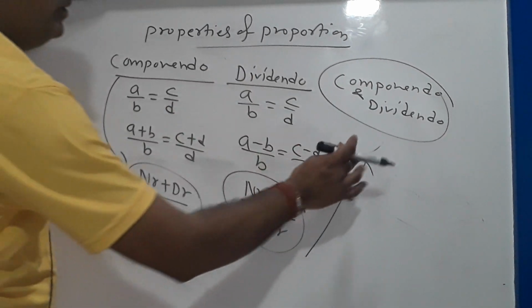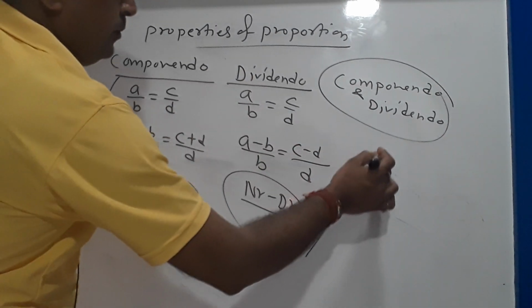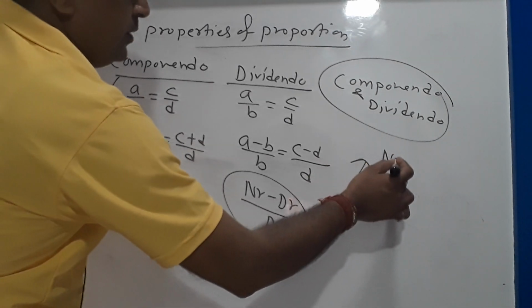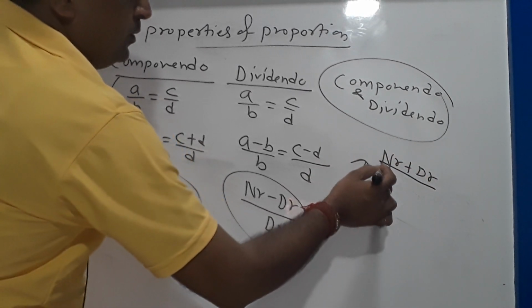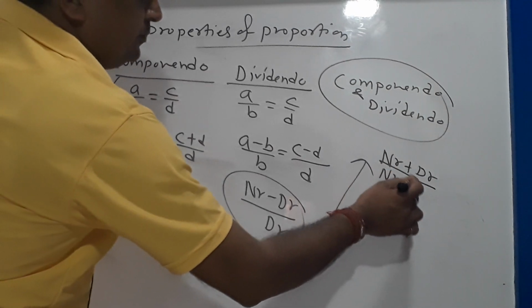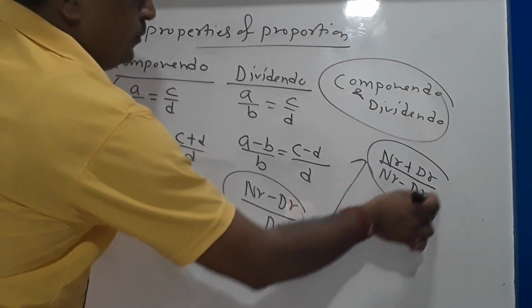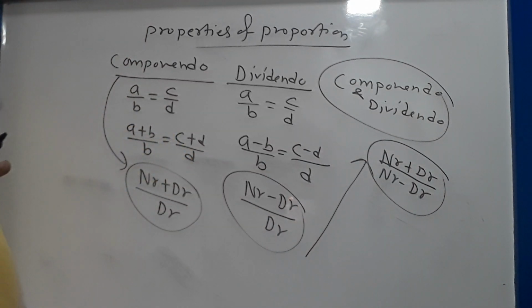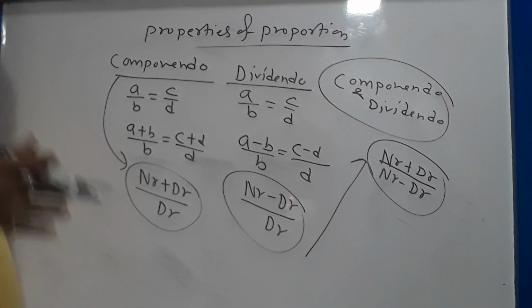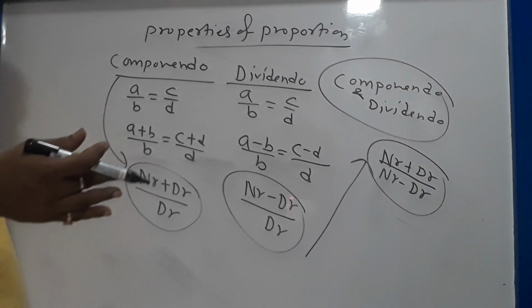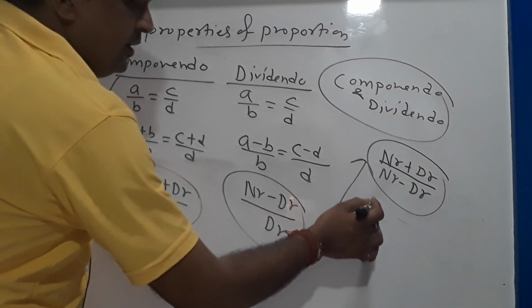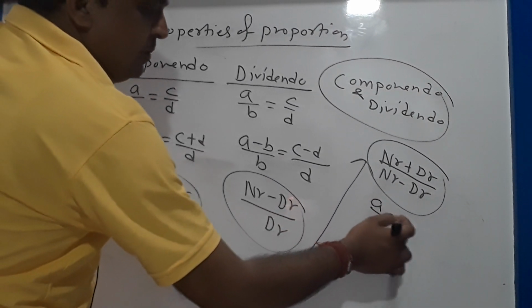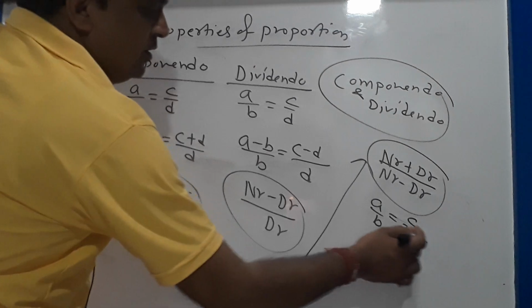Componendo, dividendo. Componendo means numerator plus denominator, dividendo means numerator minus denominator, on both the sides. So I can write A upon B is equal to C upon D. By componendo, dividendo, what can I write?